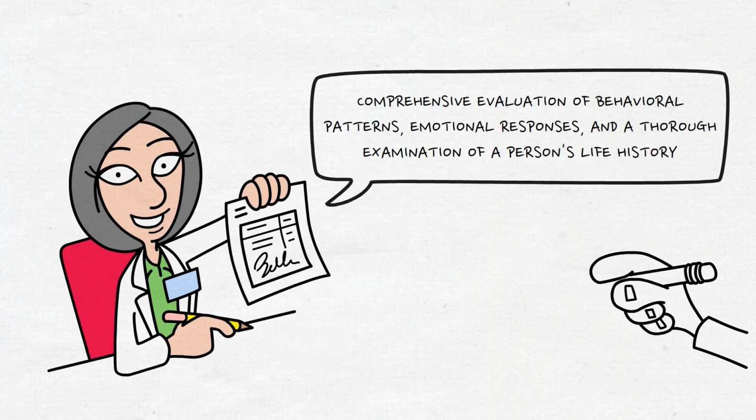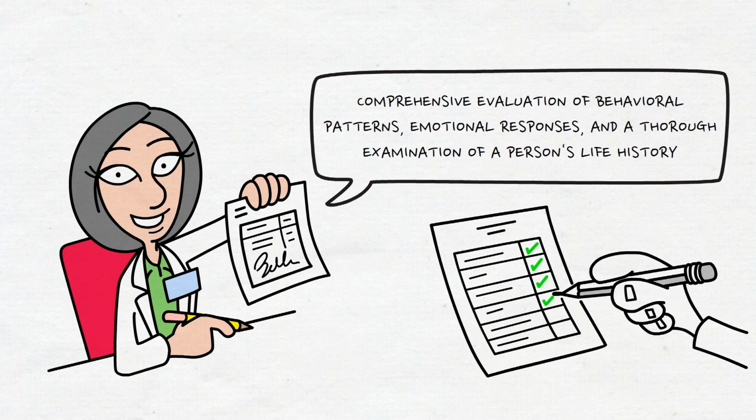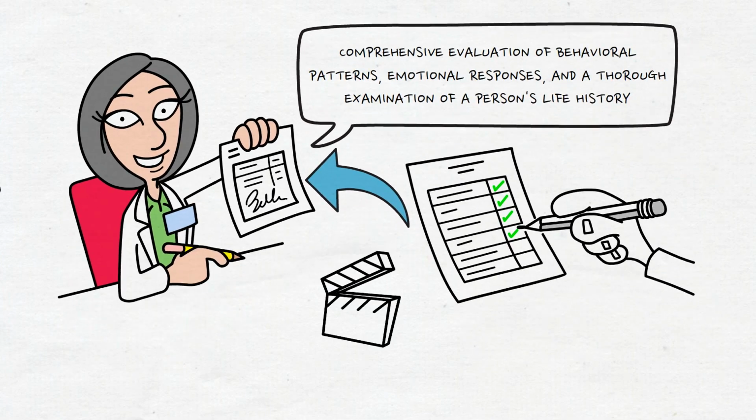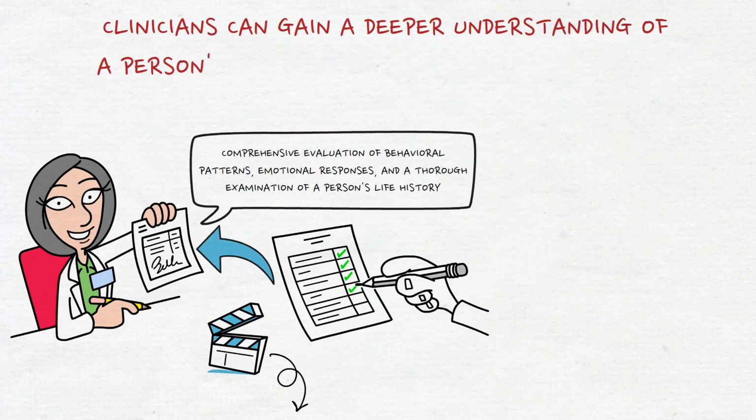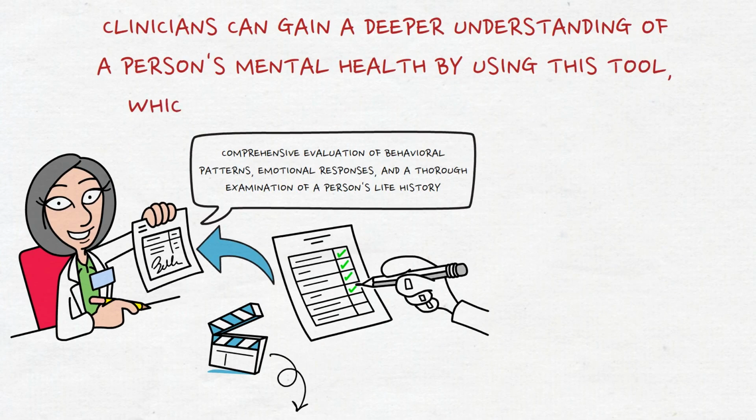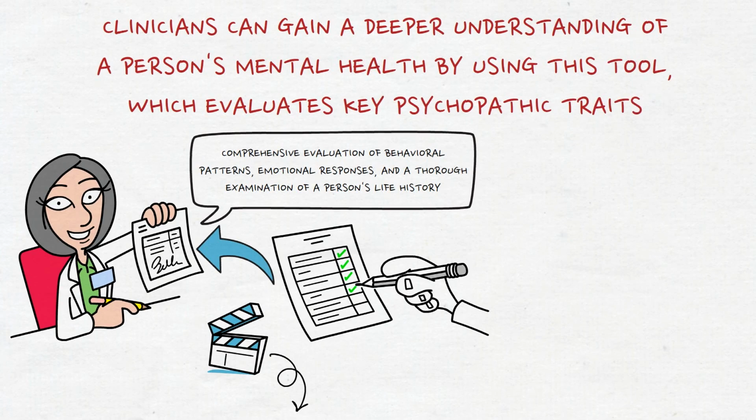The Psychopathy Checklist Revised, a widely used instrument, is one tool that is frequently used in psychopath diagnosis, and I have a video about this test in my psychopathy playlist linked below. Clinicians can gain a deeper understanding of a person's mental health by using this tool, which evaluates key psychopathic traits.